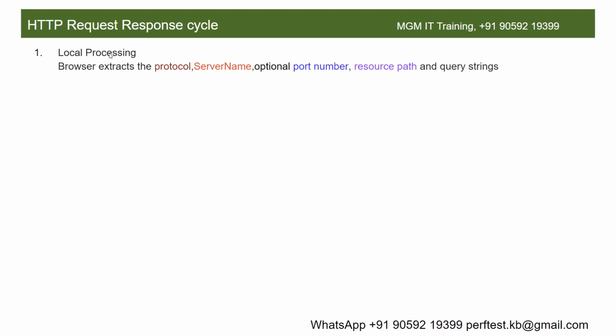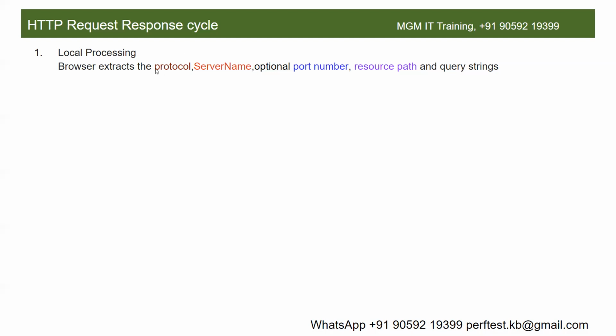The first one is local processing, which means the browser does some processing inside itself. Once you type the URL, the browser extracts the protocol. What are the protocols we have seen just now? TCP, HTTP, HTTPS, and FTP.